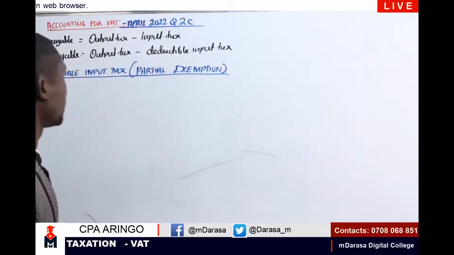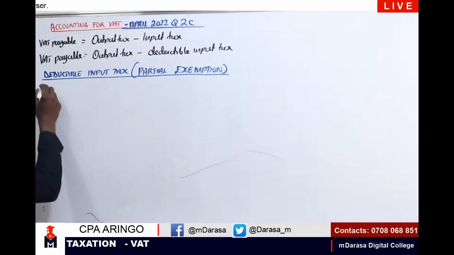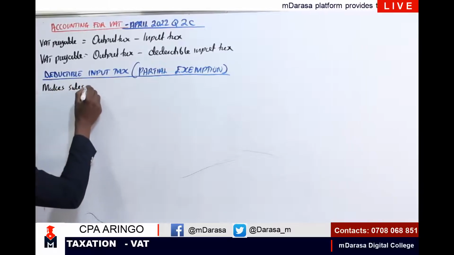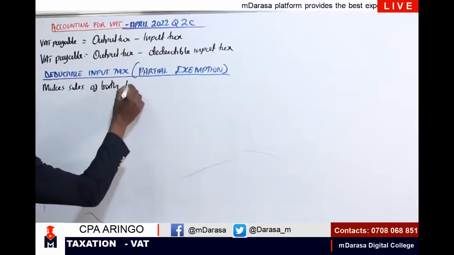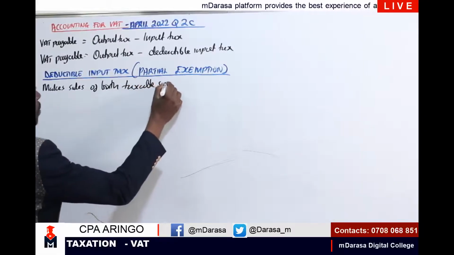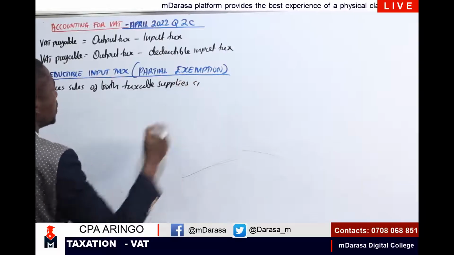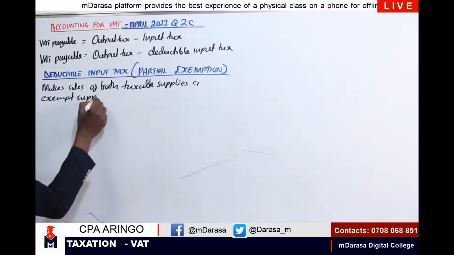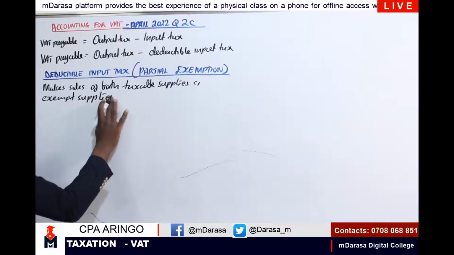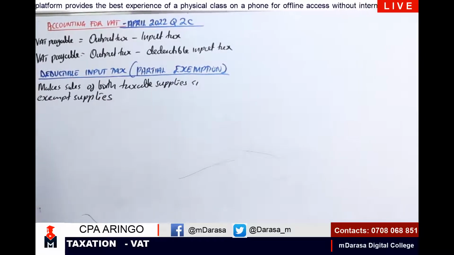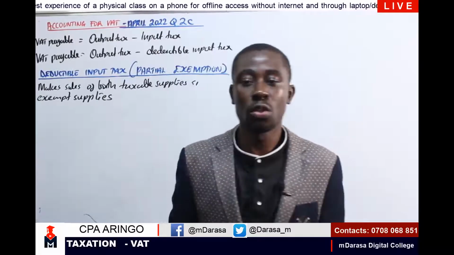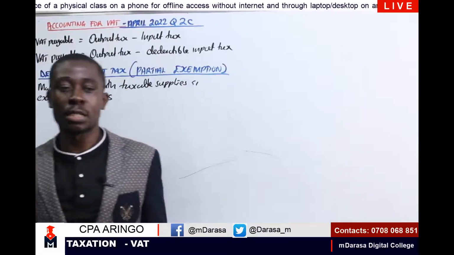So the first key thing that we should understand is this is where a taxable person makes sales of both taxable supplies and exempt supplies. This is a situation whereby we should be expected to have a concept of deductible input tax.